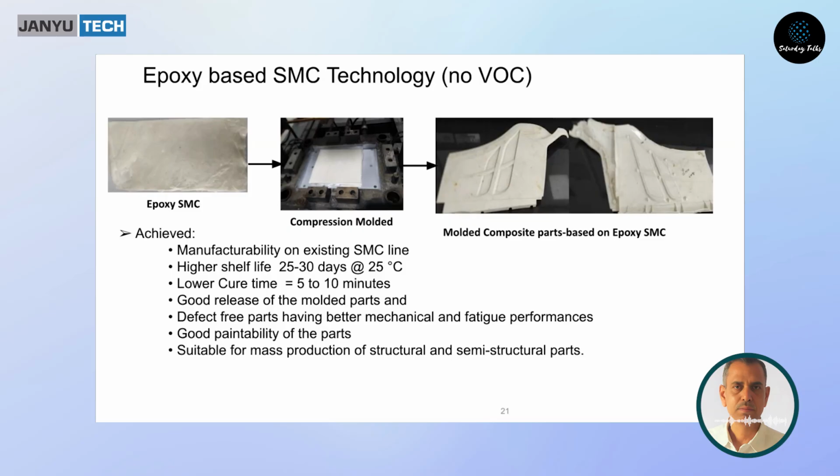So making it faster in similar equipment, to mold in the same press, there were a lot of technological challenges which have been overcome by the team, and I think now they are ready for mass production.